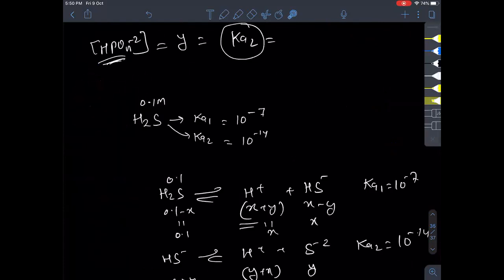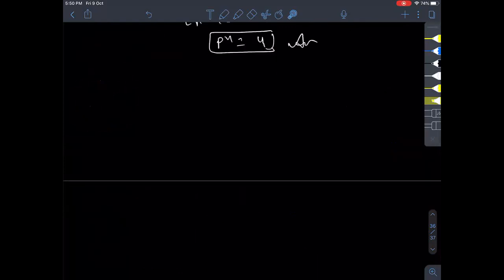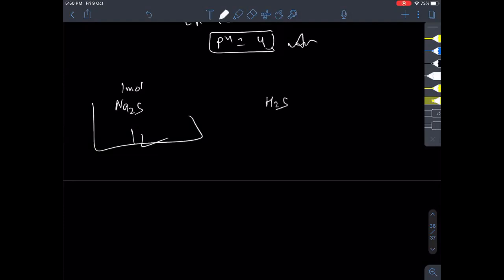Okay, sometimes the same question is asked in the other way. Suppose they gave you Na2S, 1 mole present in 1 liter. Now to make it H2S, how many moles of H plus ion do I need to provide? 2 mole. So I will add 2 mole of HCl into it.